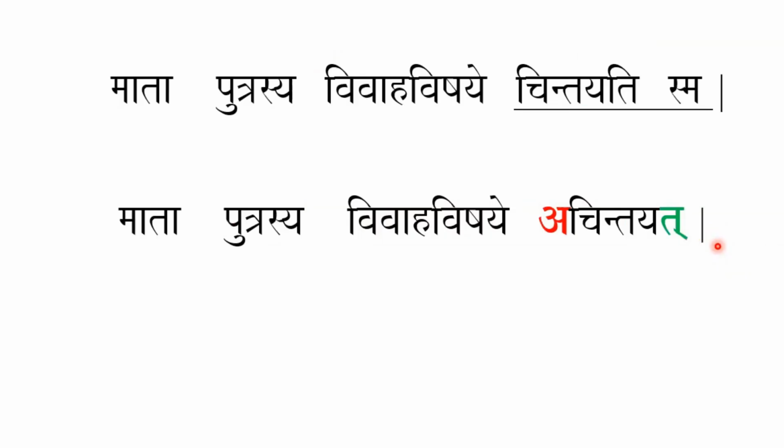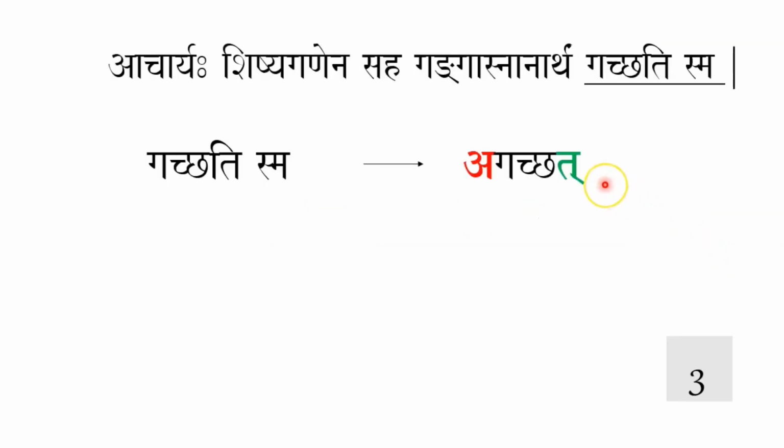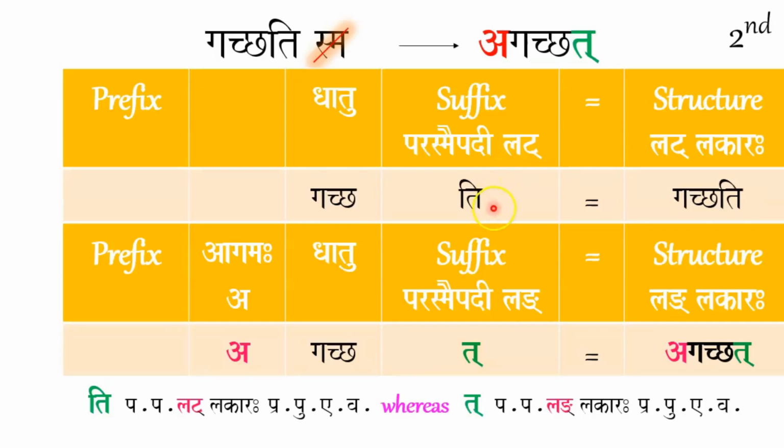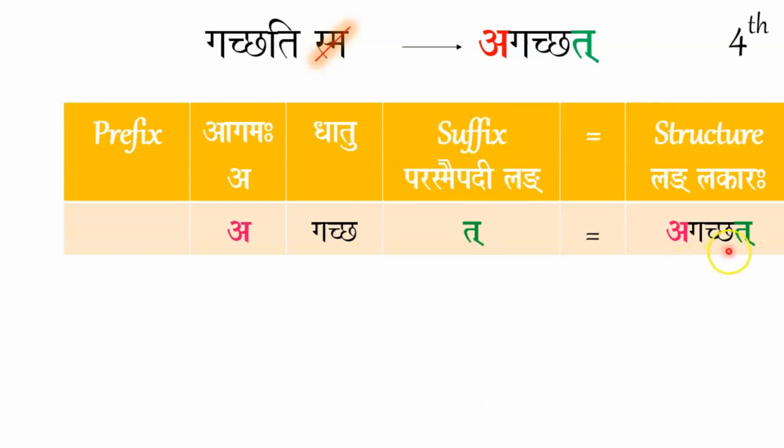Let's move on to our third example. Here, Gachati Sma becomes Agachat. First, Sma Avyayam is cancelled. After that, the ending present suffix ti is replaced by halanta t in past tense. And then all words, agamaha a, dhatu gaccha and suffix halanta t, are brought together, which becomes Agachat.